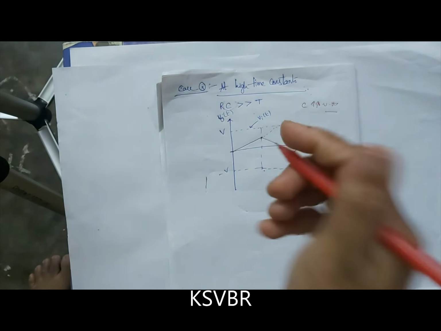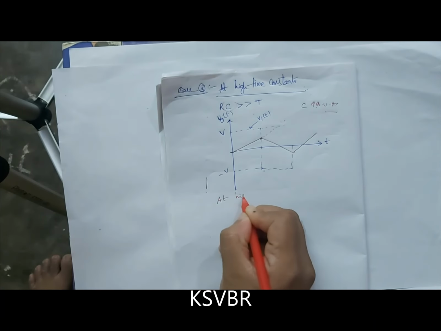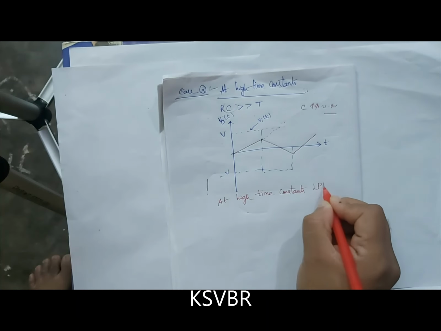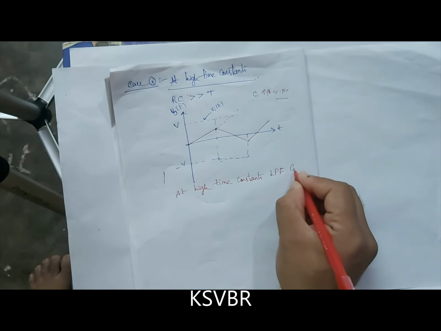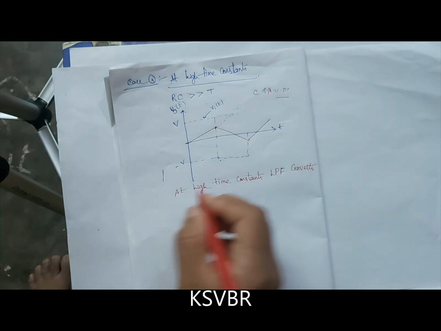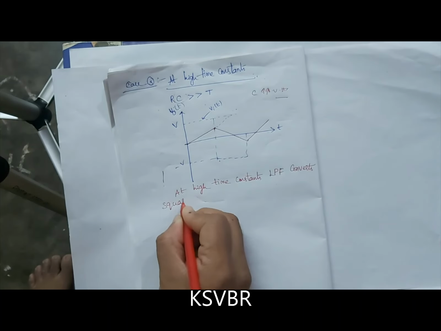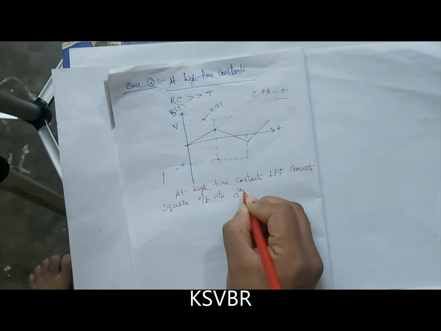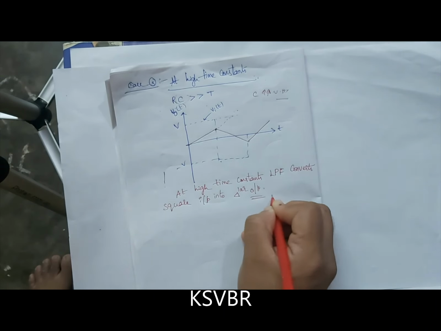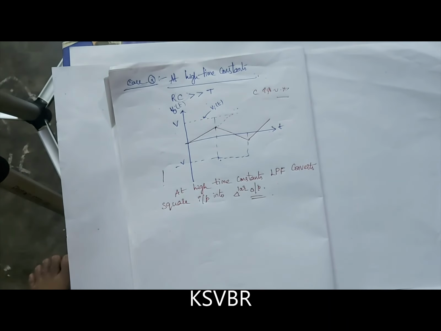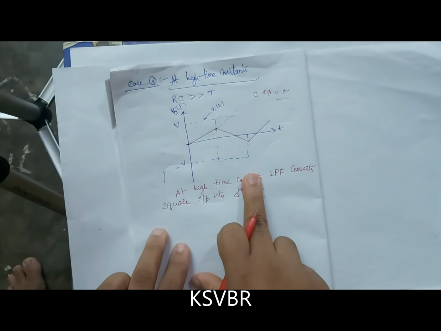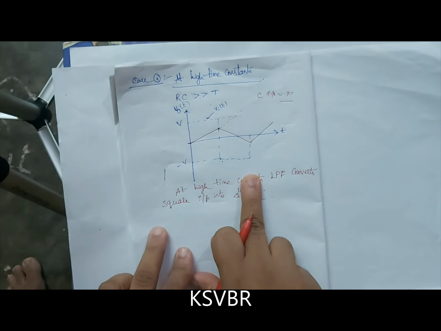Thus, at high time constants, the low pass filter converts square input into triangular output. Okay, so at higher time constants we'll get a triangular wave for square wave input for RC low pass filter.